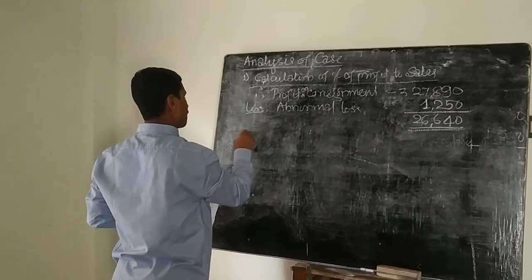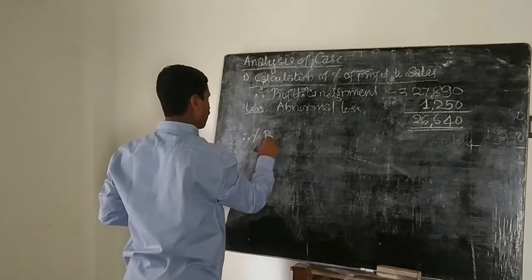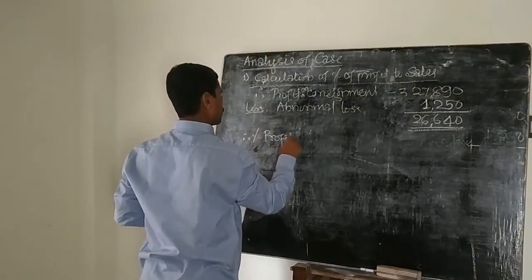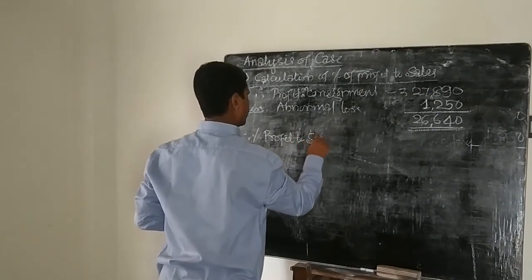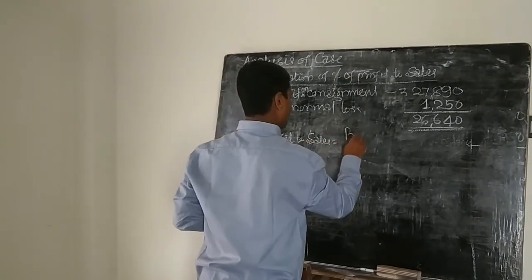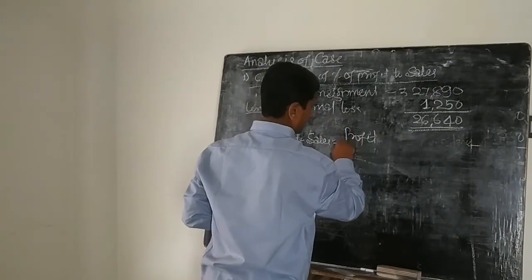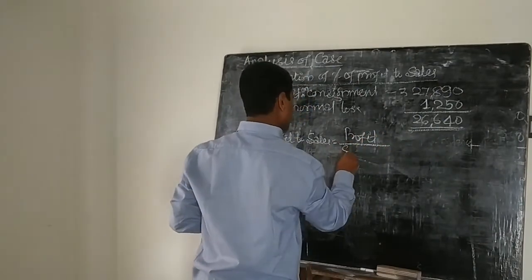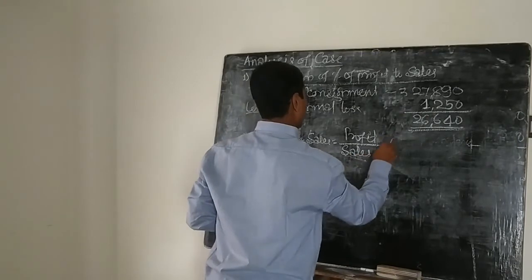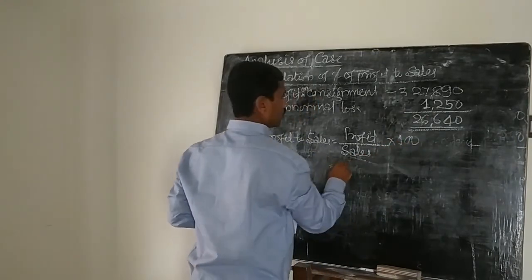Percentage of profit to sales equals profit divided by sales multiplied by 100.